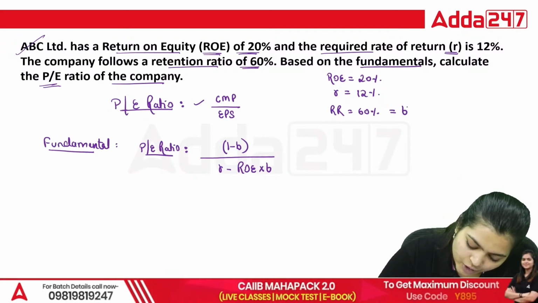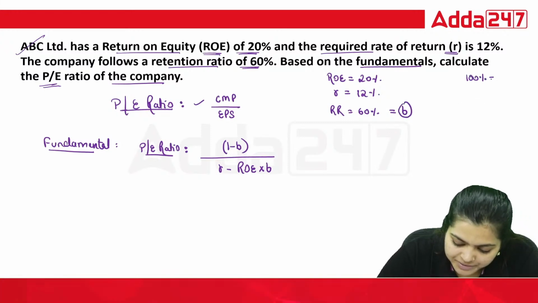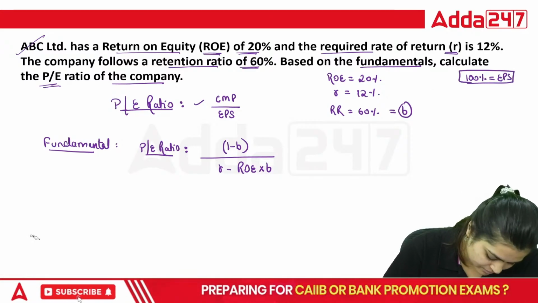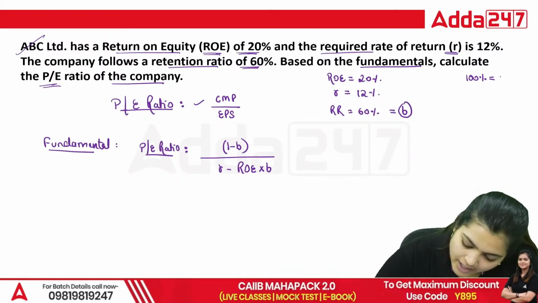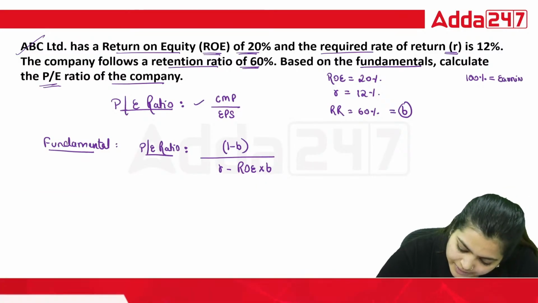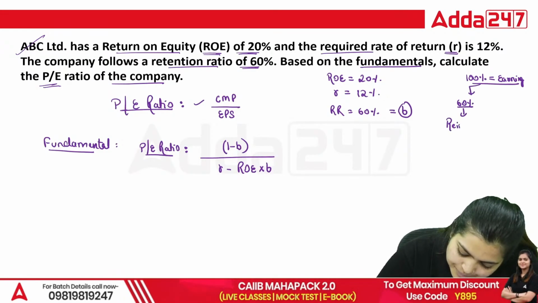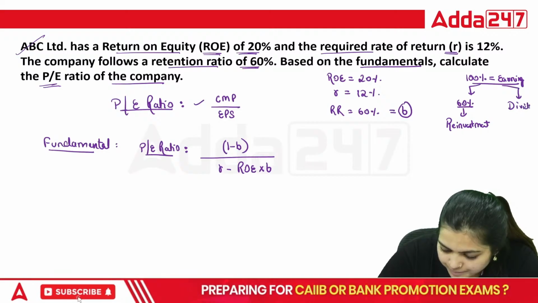Now, if your total earning is equal to 100%, this is your total earning. Out of this, if you are giving 60% as your reinvestment, what is the amount you are distributing as your dividend?